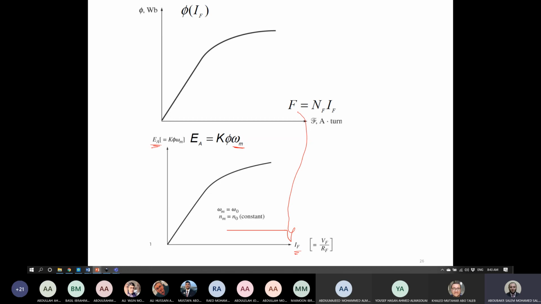If we have a different speed, so if we assume this is at omega m, and we have a different speed, for instance 70% of omega m, we have to substitute and make another curve at 70% of the speed. So this is the relation between EMF and the field current, which corresponds to MMF and generated flux.